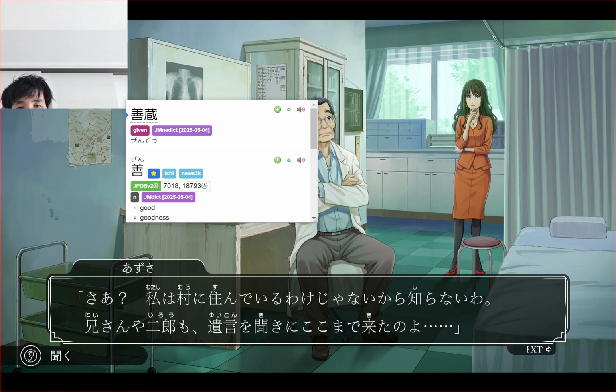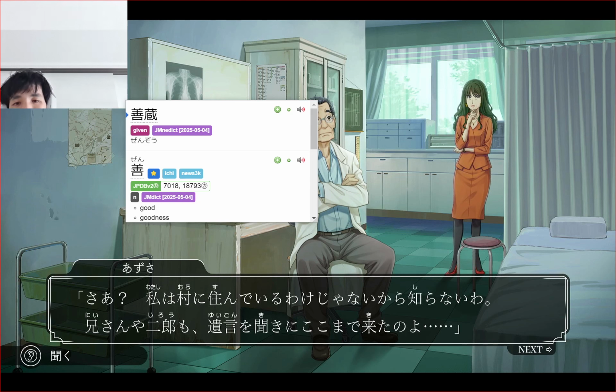私は村に住んでいるわけじゃない. So わけじゃない is like, it's not like I live here. If 私は村に住んでいる were by itself, it would just mean I live in this village. But with わけじゃない, the case is not that.